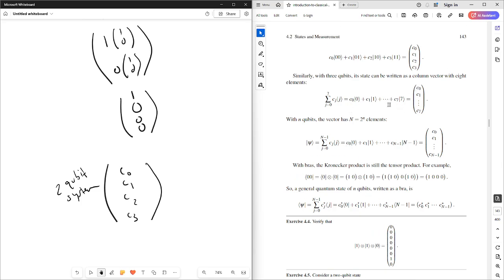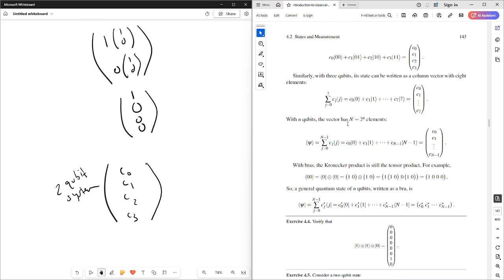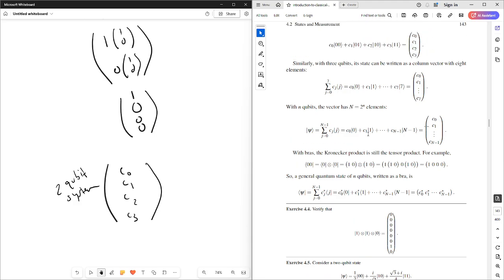With 3 qubits, we'll have 8 amplitudes. With n qubits, you'll have 2 to the n amplitudes. So let's say n is 5. That means 2 to the 5th, a grand total of 32 amplitudes to track.